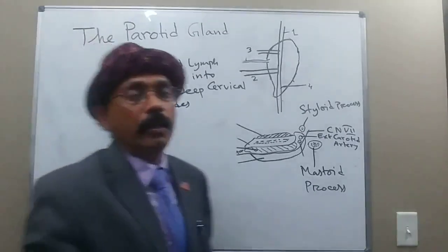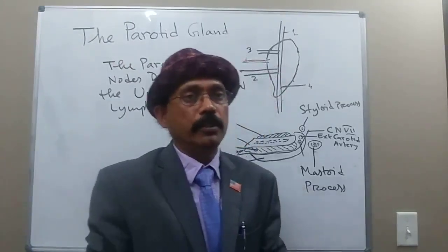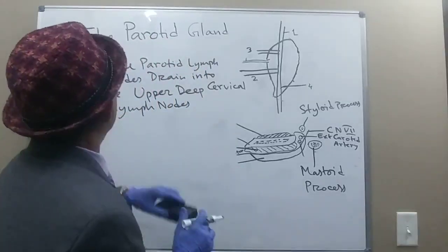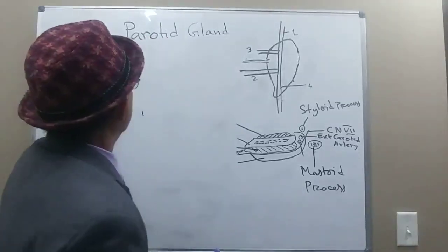Okay, we got the lymphatic drainage of the parotid gland. Okay, so now we'll go to the blood supply of the parotid gland.